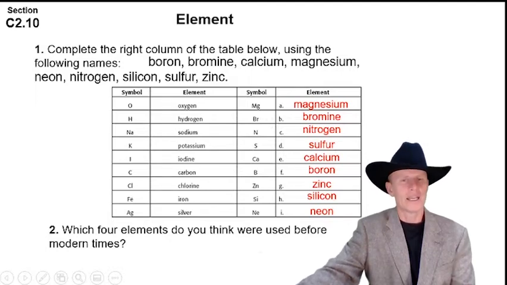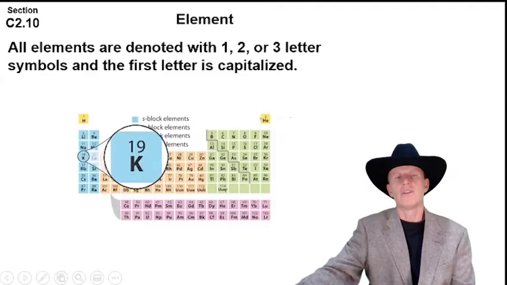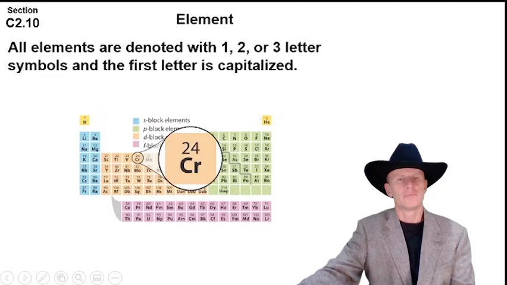Potassium would be K. Iodine, I, that makes sense. Potassium and sodium are two, and at the bottom you can see the other two. So prior to modern times, scientists did use these Latin names. All elements are denoted with 1, 2, or 3 letter symbols, and the first letter is always capitalized.